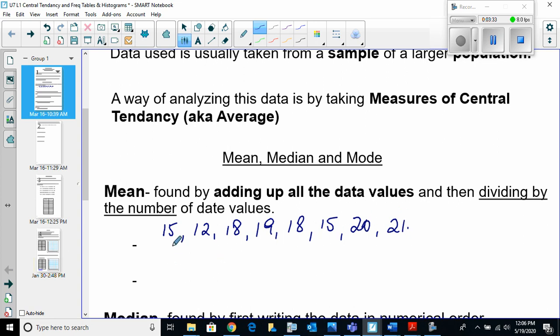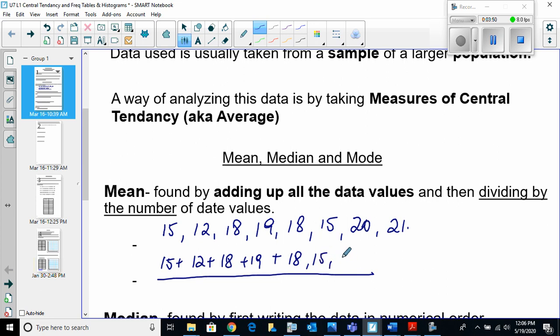But when we are finding the average, first we have to add them all. So 15 plus 12 plus 18 plus 19 plus 18 plus 15 plus 20 plus 21, and then we are dividing it by 1, 2, 3, 4, 5, 6, 7, 8.